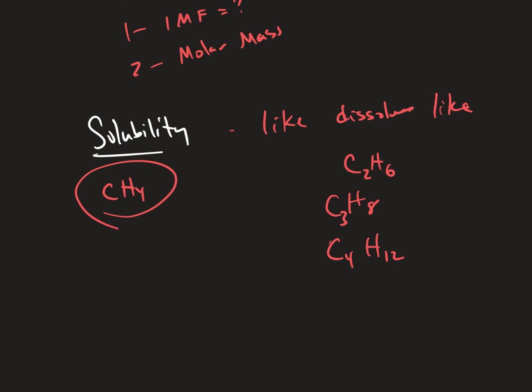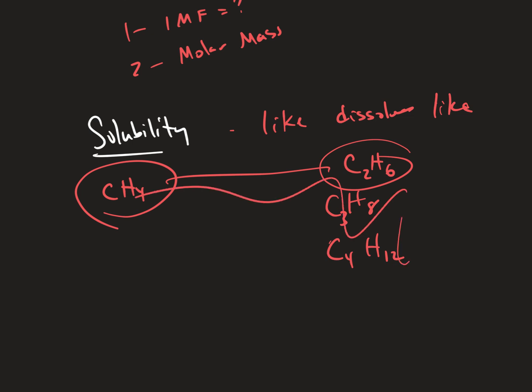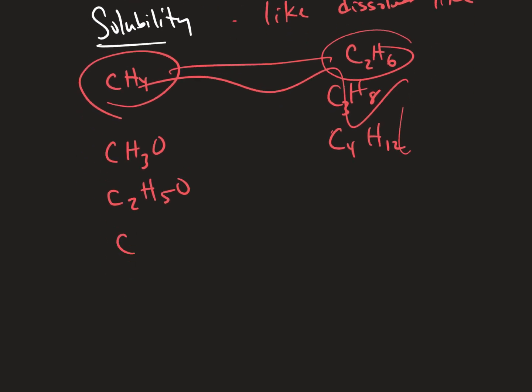C4 probably dissolves best in that one right there. Why? Because it's closest to it. Or that's probably not a good example, but if we have CH3O and we have C2H5O, C3H7O, or something like that.